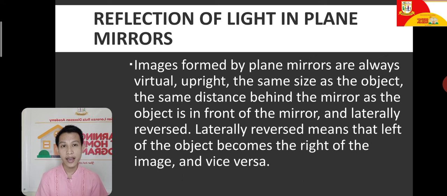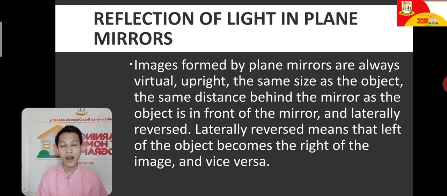So, it says here that images formed by plane mirrors are always virtual, upright, the same size as the object, the same distance behind the mirror as the object is in front of the mirror, and laterally reverse. Laterally reverse means the left of the object becomes the right of the image and vice versa. Okay? So, isa-isahin natin yung mga characteristics na nabanggit.